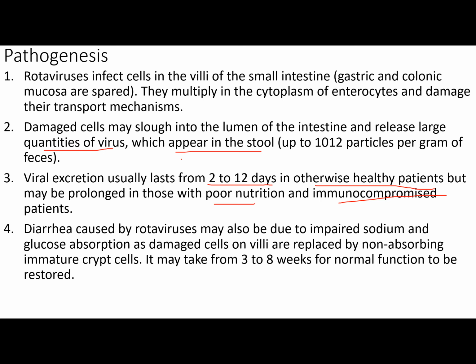Diarrhea class caused by rotavirus may also be due to impaired sodium and glucose absorption, as damaged cells on the villi are replaced by non-absorbing immature crypt cells. If familiar kayo class, your villi is responsible for absorbing nutrients sa stomach nyo. Now, what happens is that the virus has destroyed this villi.